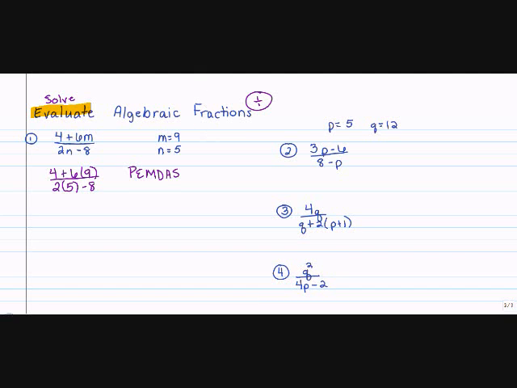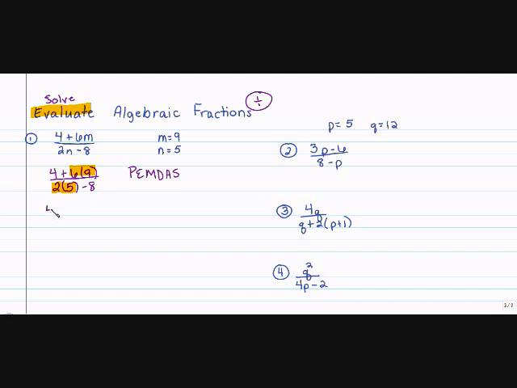The first thing I'm going to do is look for parentheses, and I don't have any parentheses. I'm going to look for exponents. I don't have any exponents, so now I'm going to do all multiplication and division left to right, on the top, and then on the bottom.